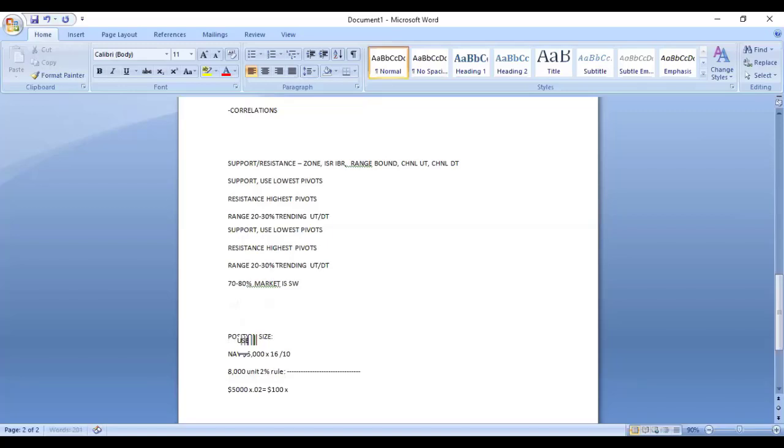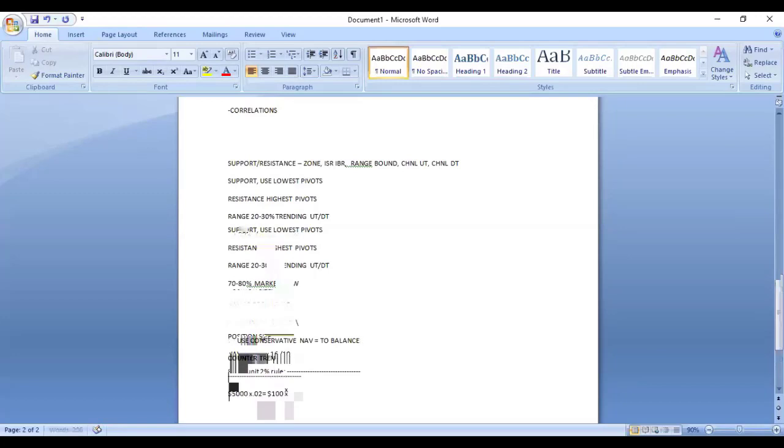If you want to be even safer, just use the same unit size equal to your balance, which would mean 5,000 units. Those are the two calculations. Of course, with the 2% stop loss. And if you're counter trend trading, I lower the stop loss to 1% in case the counter trend goes against you.